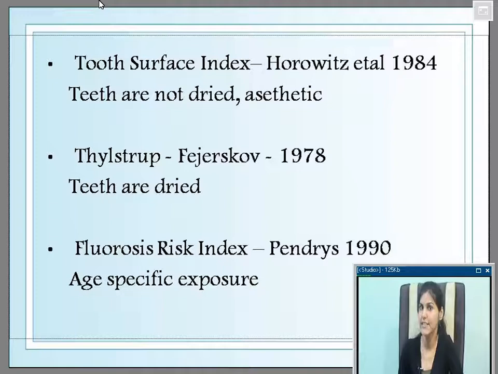Suppose your lower central incisors are the first to erupt, followed by your mandibular first permanent molars. So if these teeth are involved in fluorosis, it shows that the fluoride exposure began early in life or in fetal life. Any doubts till now?